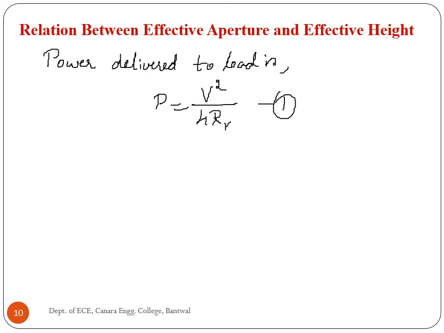In terms of effective aperture, power is given by S into A, which is equal to, we know that S is E square divided by Z naught, into A.